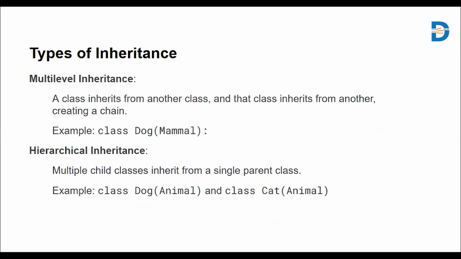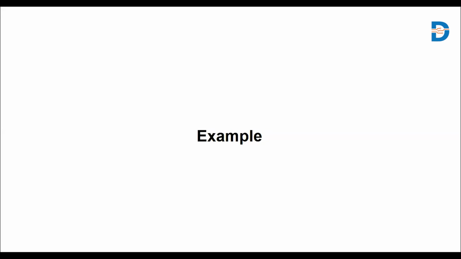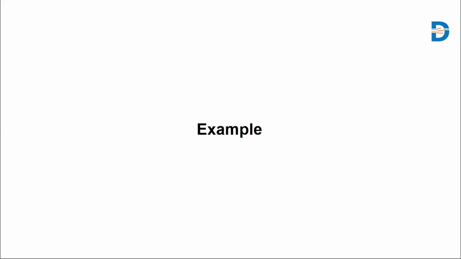Then we'll look into one implementation. Here you can see a simple code where the class animal is there. The animal is a parent class.